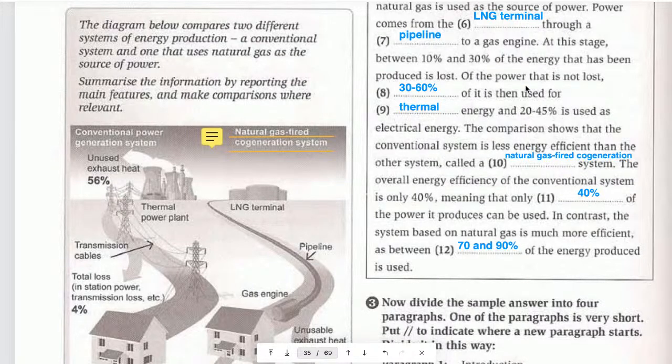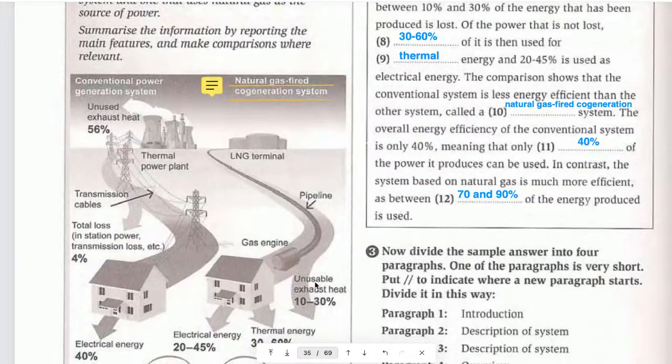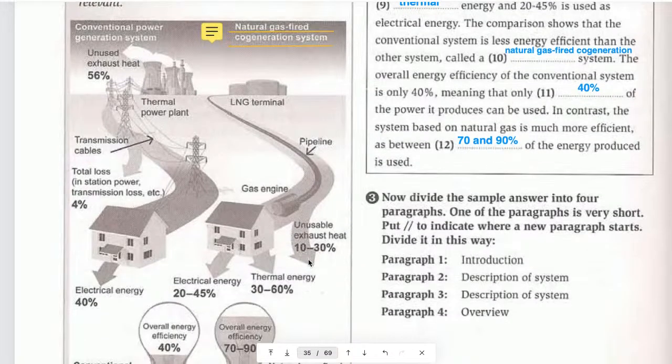So how many percent is lost at this stage, the gas engine? 10 to 30%. For example, if the percentage which is lost is 30%, how many percent do you still have left? You still have 70 to 90%, right? If we lose 30%, you still have 70% left.